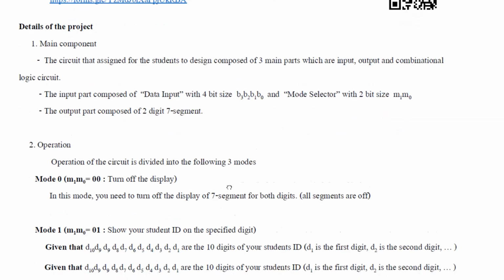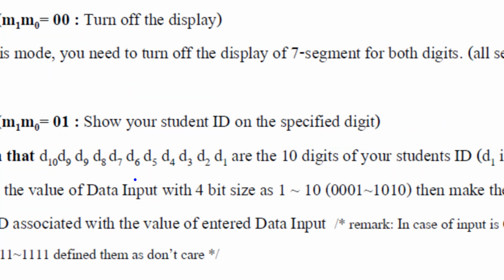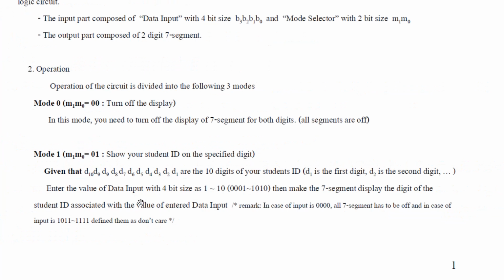Namely, if I define digits D1, D2, D3 until D10 of your ID, and the value of the data input is 1 to 10, we show the value of your student ID at the digit selected by this value.